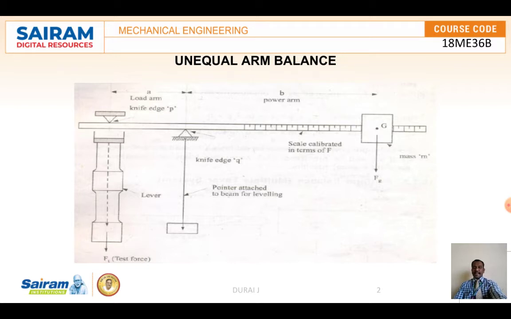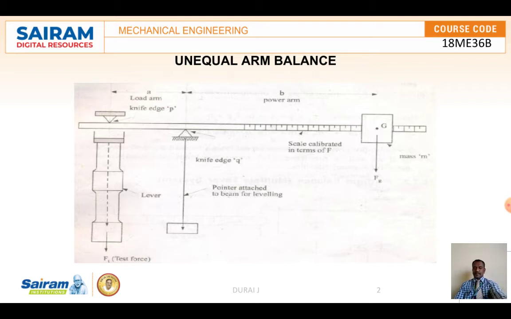The unequal arm balance method is used to measure heavier weights. We normally see it in the wholesale market, and even in hardware shops, to measure larger weights.